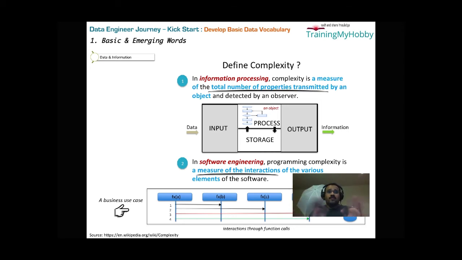I'm not saying complexity is a severe thing. It's very important to know what complexity is, and then I leave it to you whether it is severe or not. Suppose you have developed independent components called function A, function B, function C, function D, and they are interacting, and there is a database. For a software engineer, complexity is all about the measure of the interactions.